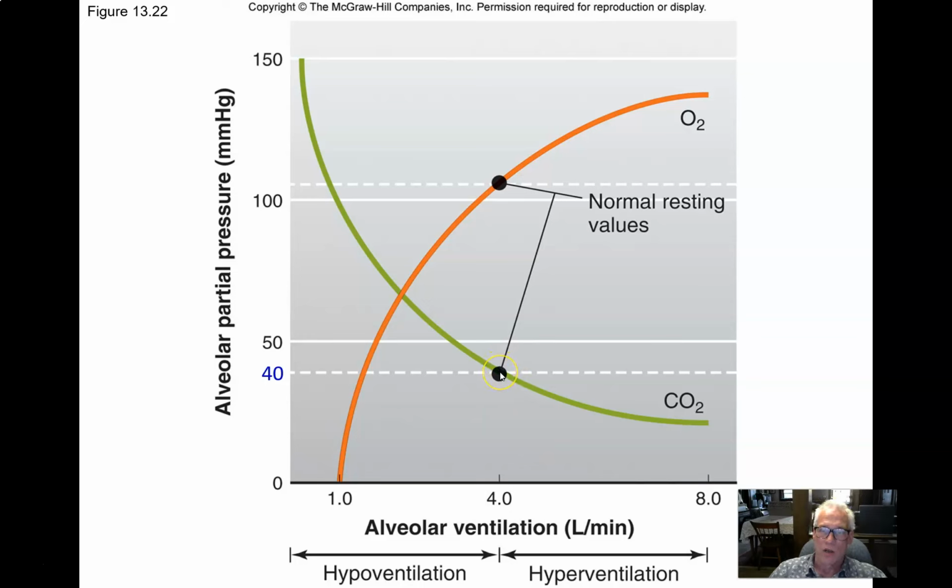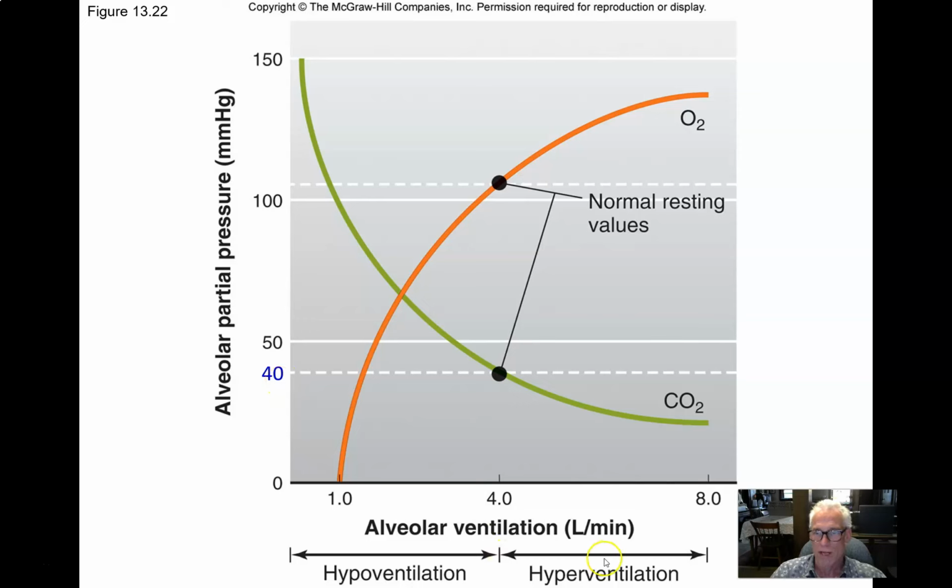Ventilation is regulated such that the partial pressure of CO2 in the arterial blood and the alveoli is 40 millimeters of mercury. If it deviates from that, we will modify the ventilation due to chemoreceptor activity so that it always stays at 40 millimeters of mercury. Resting, exercise, you name it, this is the normal resting CO2 in the arterial blood and the alveoli.